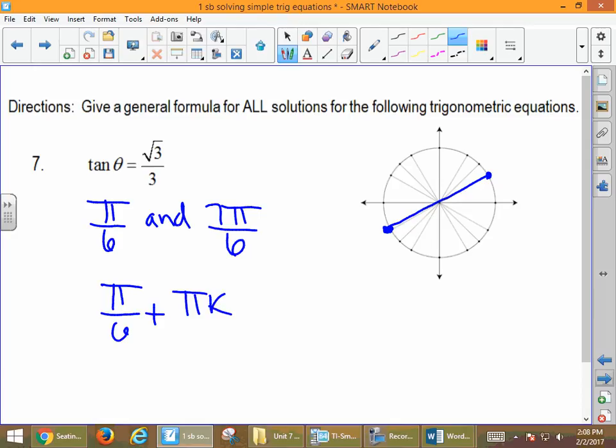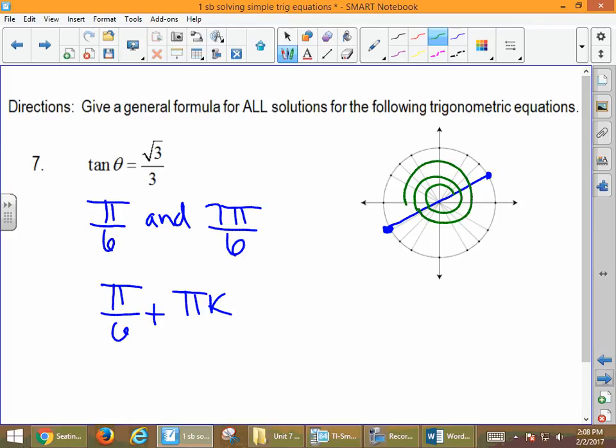So you don't even really need to write pi over 6 and 7 pi over 6, because what that takes into account here is if we add pi, it's like adding a protractor. So there's the pi. If we add pi k, there's ones. And then if we added another, we'd be going around and around.